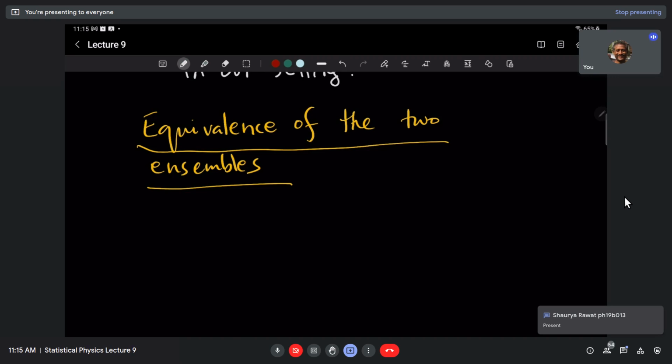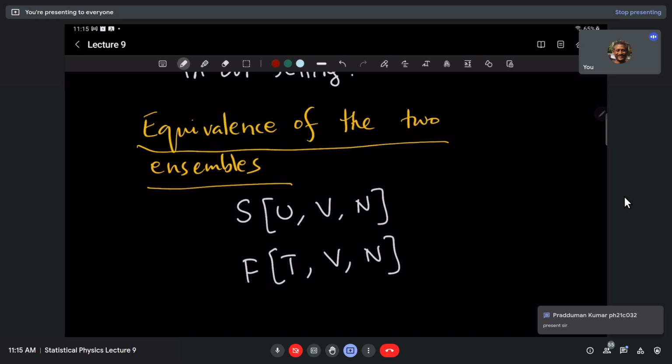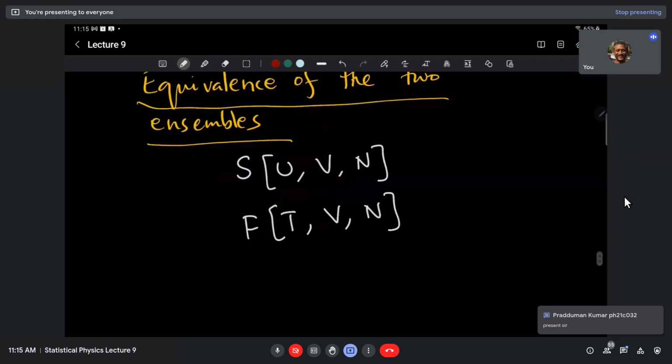So the first point is that we have two... Okay, so what we see here is that the entropy, with V and N just going along for the ride, is naturally in the canonical ensemble given in terms of the internal energy. Okay, but in this ensemble U is identified with the expectation value of E, right, in statistical mechanics.